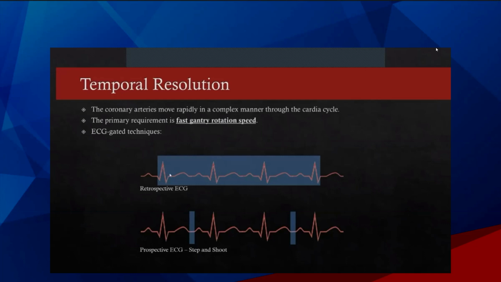In the retrospective mode, the X-ray beam is turned on at the same time of the acquisition, and the images are synchronized with the heartbeat after the fact. In prospective ECG triggering, the X-ray beam is turned on only after the recognition of the R peak, during a specific portion of the cardiac cycle, when there is the highest chance to image the heart motionless.